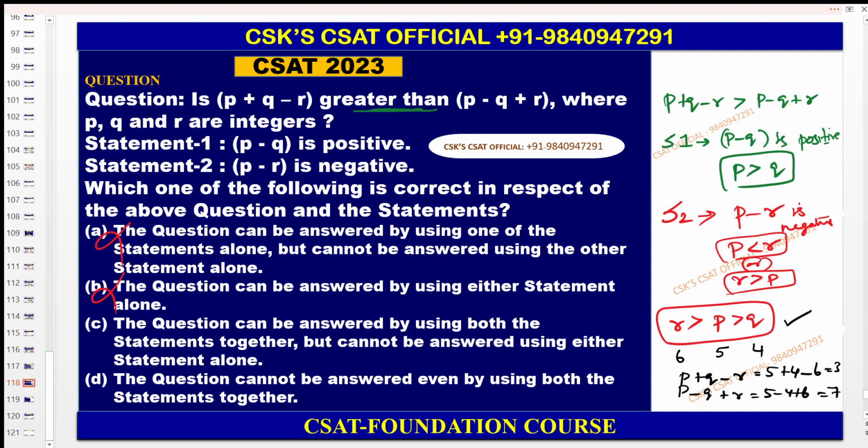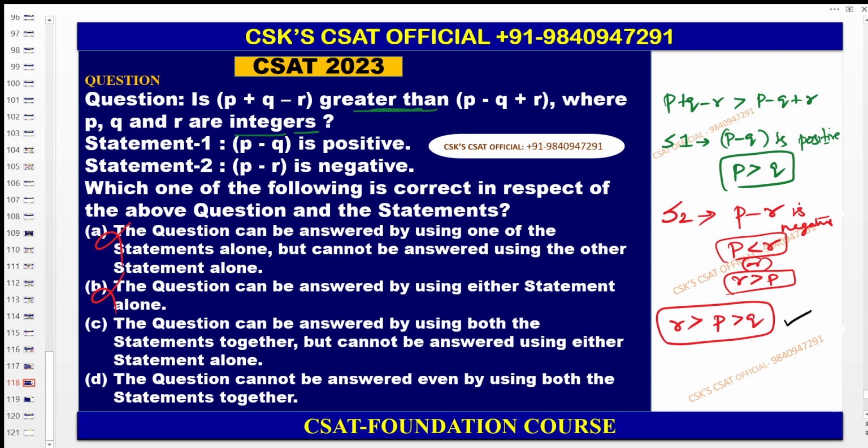If you want, we can check with any other example. You people tell me any values. Check any value. Tell me any value for R. Sir, if you take minus... They are clearly mentioning integer. Okay, fine. So you are mentioning the positive integer and negative integer concept.